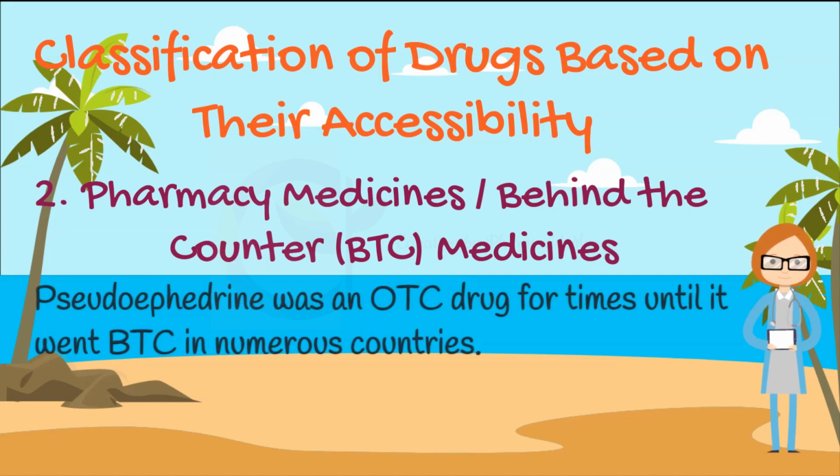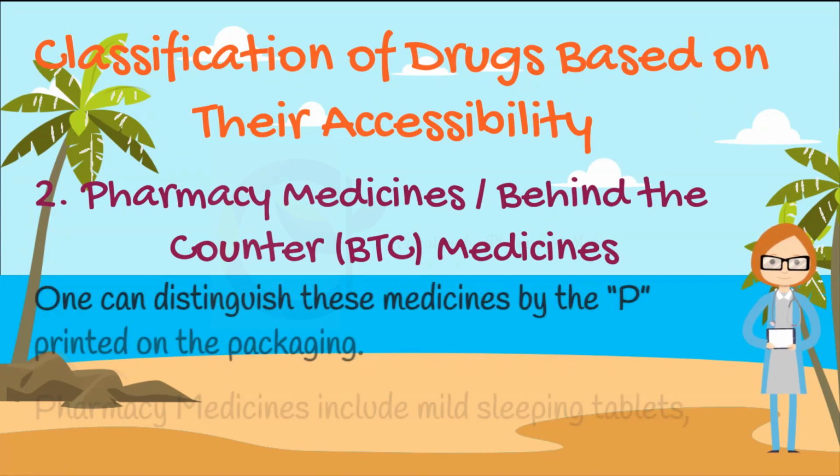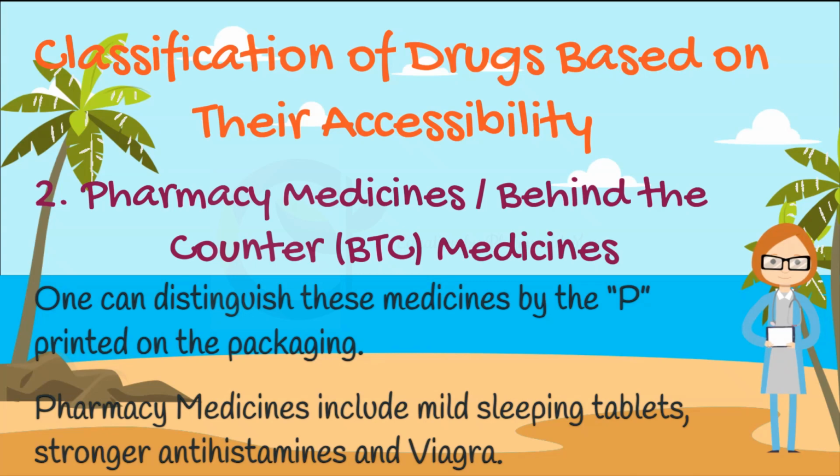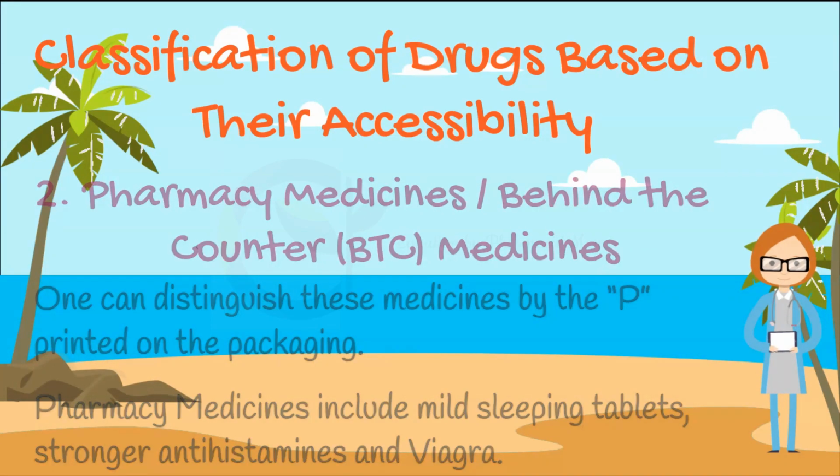Pseudoephedrine was an OTC drug until it went BTC in numerous countries, not because of safety purposes, but because it's a vital component in manufacturing methamphetamine. One can distinguish these medicines by the P printed on the packaging. Pharmacy medicines include mild sleeping tablets, stronger antihistamines, and Viagra.